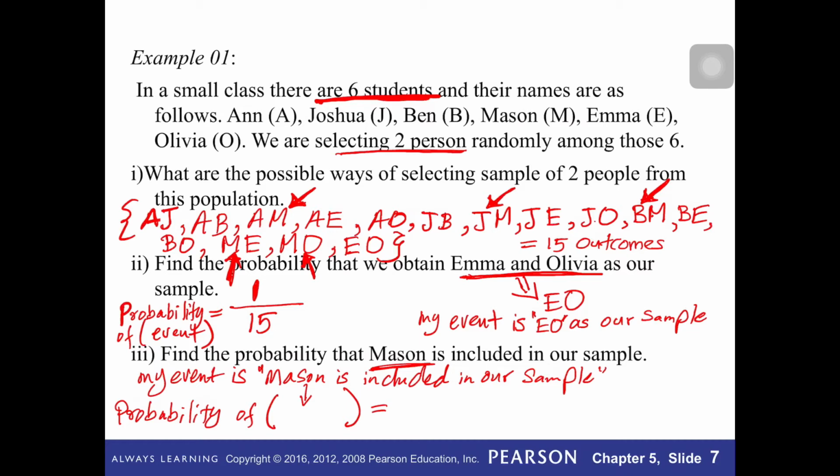So frequency of this event is just 5. What is the total number of outcomes? 15. So you can simplify this, 1 over 5, which means 0.2. Okay, so this is the probability. See this value, the 0.2, is between 0 and 1. Clear?